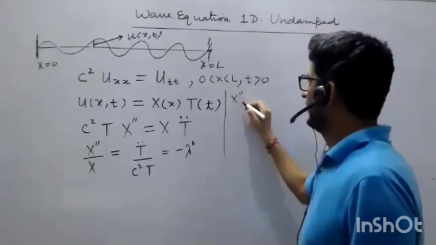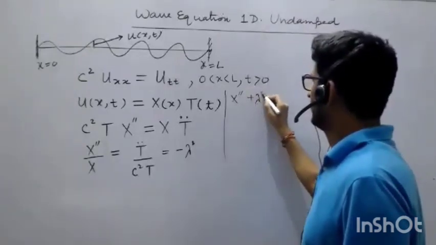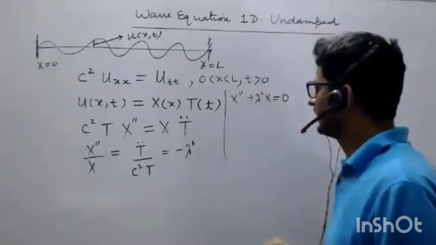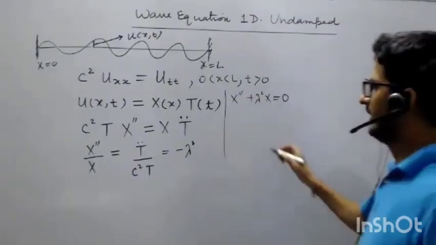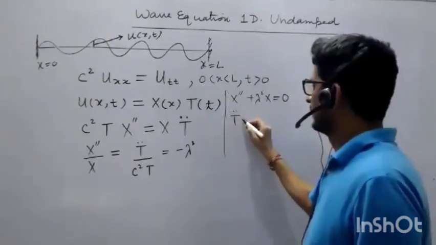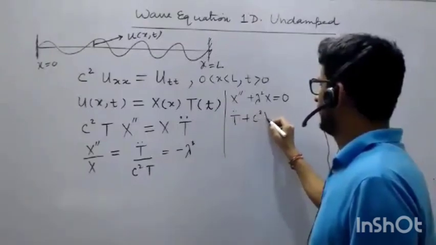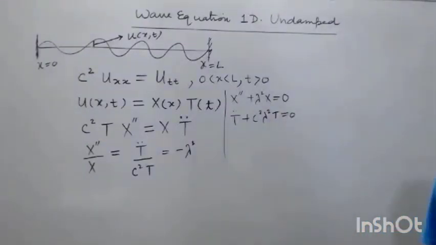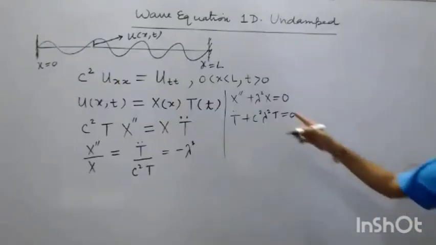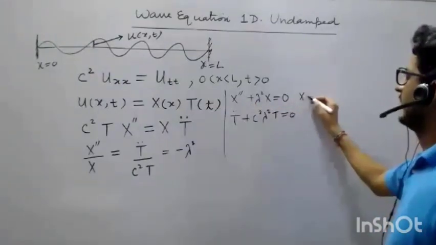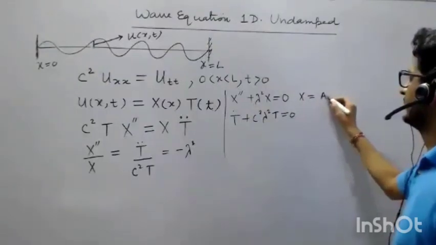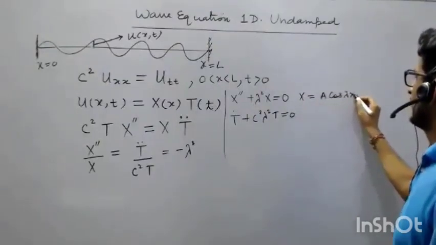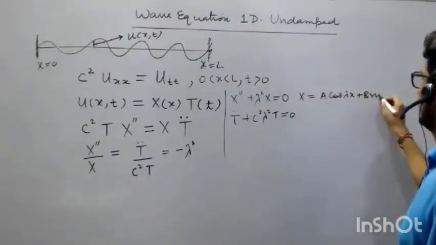So x double dash plus lambda square x is equal to 0. This is the first equation. And the second equation is t double dot plus c square lambda square t is equal to 0. This is the second equation. The solution from this, because of our previous experience we can write it quickly, will be a cos lambda x plus b sin lambda x.